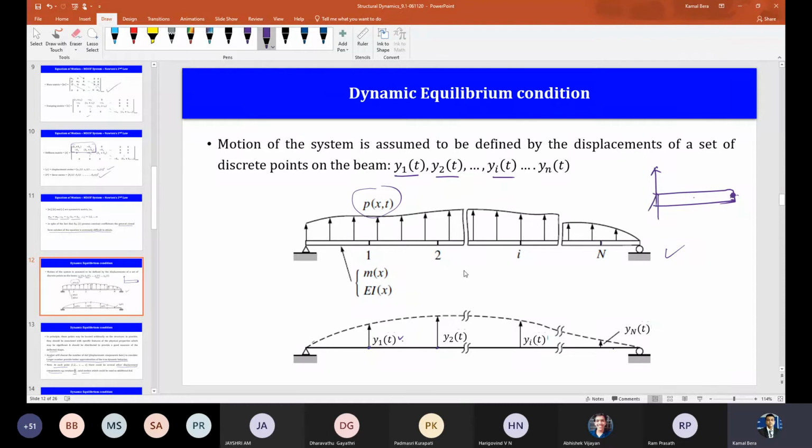Let's say a cantilever beam free end. What are the degrees of freedom at this end for a 2D beam? Possible degrees of freedom.